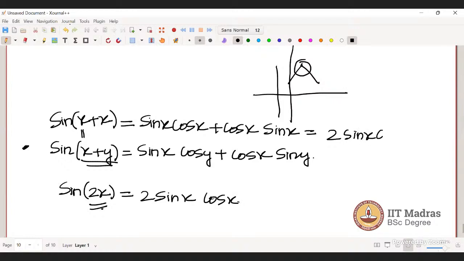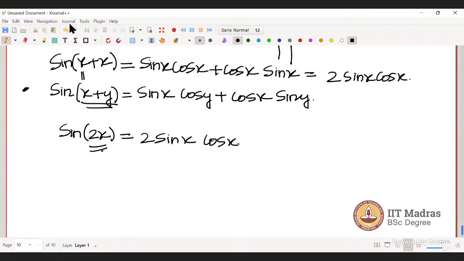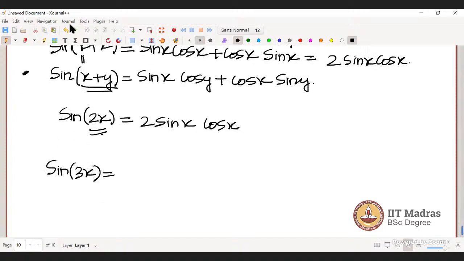Yeah. So now you know the value of sin 2x, right? Similarly, you need to substitute and get the value of sin 3x. But sin 3x, I'm unable to get. If possible, can you show, please? Okay, let me do it. So it will be sin of x plus 3x, which will be sin 4x, correct?